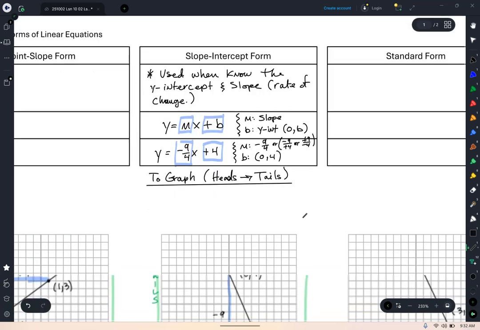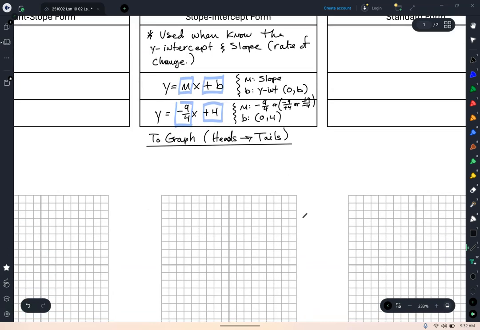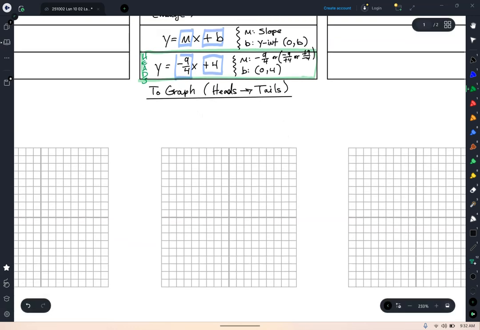And so then let's be clear about our heads and our tails. For example, I'm going to highlight this right here in green, and I'm going to write heads. All right, this is the algebra side. So the y equals negative 9x plus 4 is the algebra side.